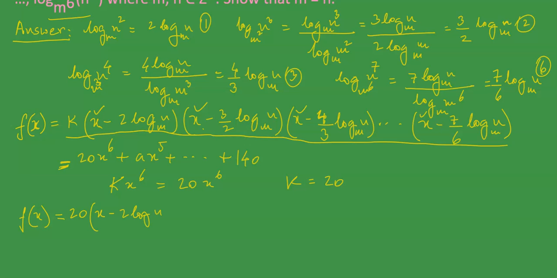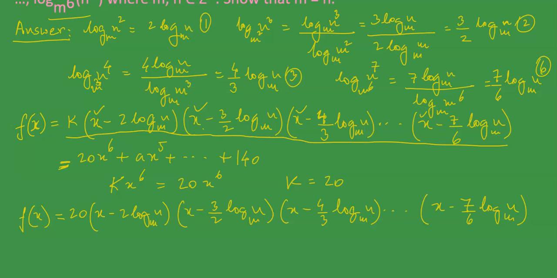It is log n to the base m x minus 3/2 log n to the base m x minus 4/3 log n to the base m, and 2 more factors, and the last one is x minus 7/6 log n to the base m.